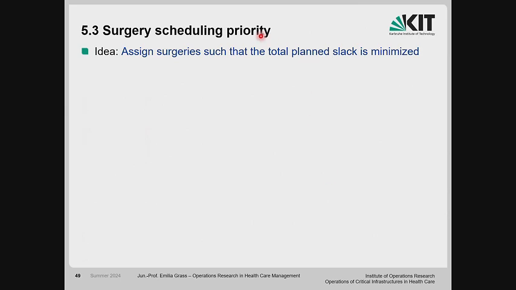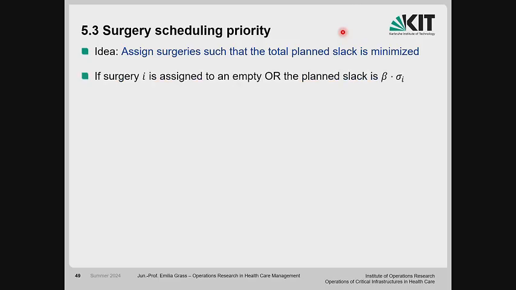The idea is to assign surgeries so that the slack time is minimized. So we don't want to have too much unused time. To determine the priorities, we first of all need some definitions. If the operating room is empty, then the slack time is computed by beta times the standard deviation of the surgery.